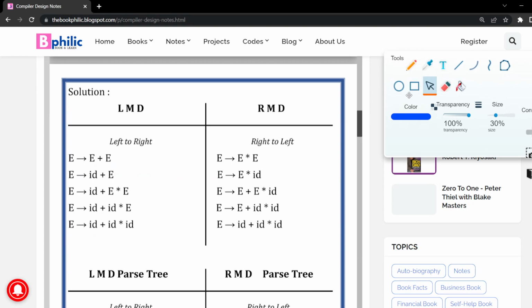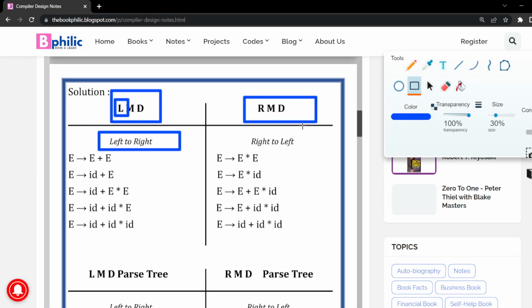Let us start with one example, that is LMD. We discussed in the previous video that by the name, LMD is left to right, and RMD is from right to left. So in RMD we derive the non-terminals from right to left, and in LMD we derive the non-terminals from left to right. Hope you have understood.